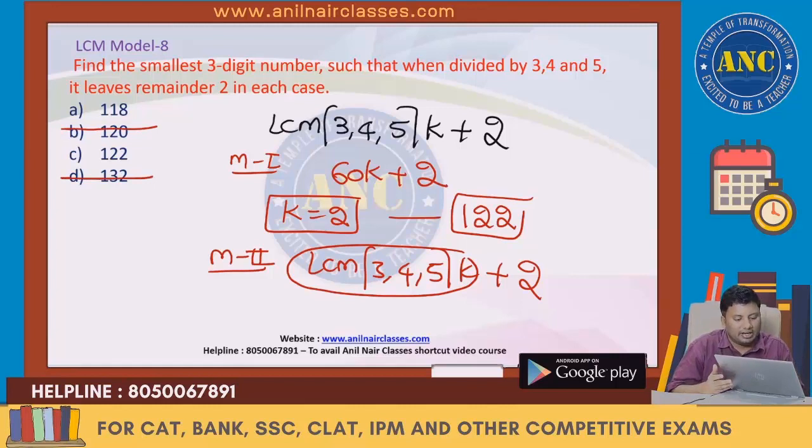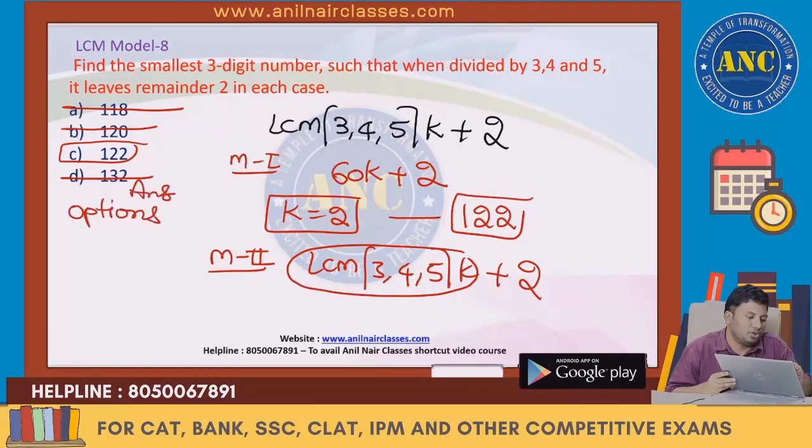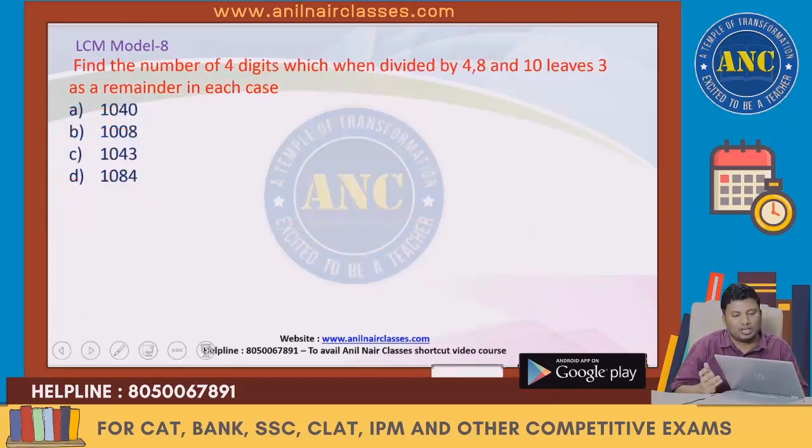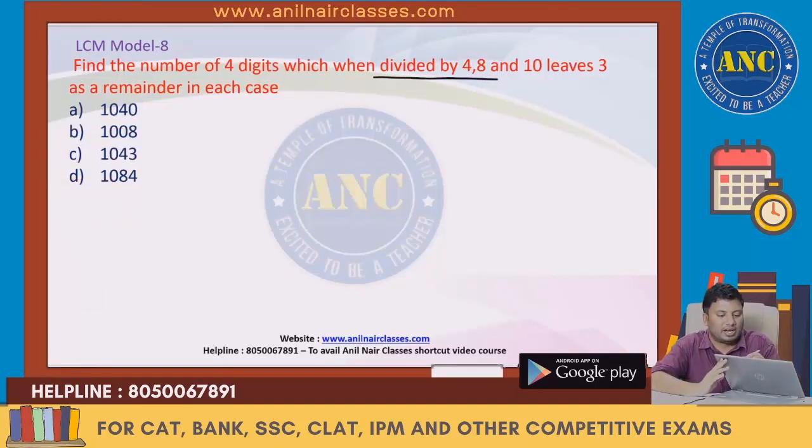When you divide it by 5, it should give a remainder 2. 8 when divided by 5, remainder 3. Answer is 122. Use answer options to solve. Just by looking at the question itself, you will get the answer if your basics are very clear.